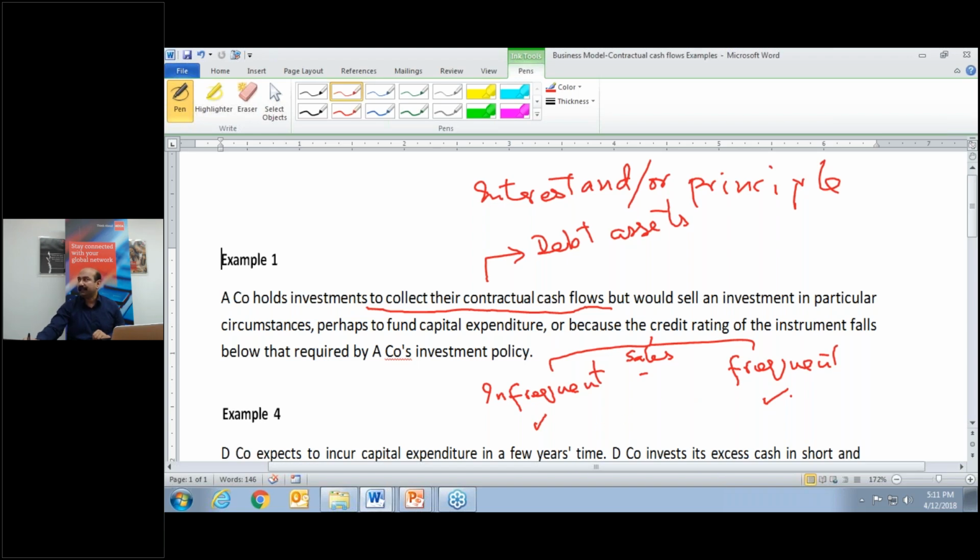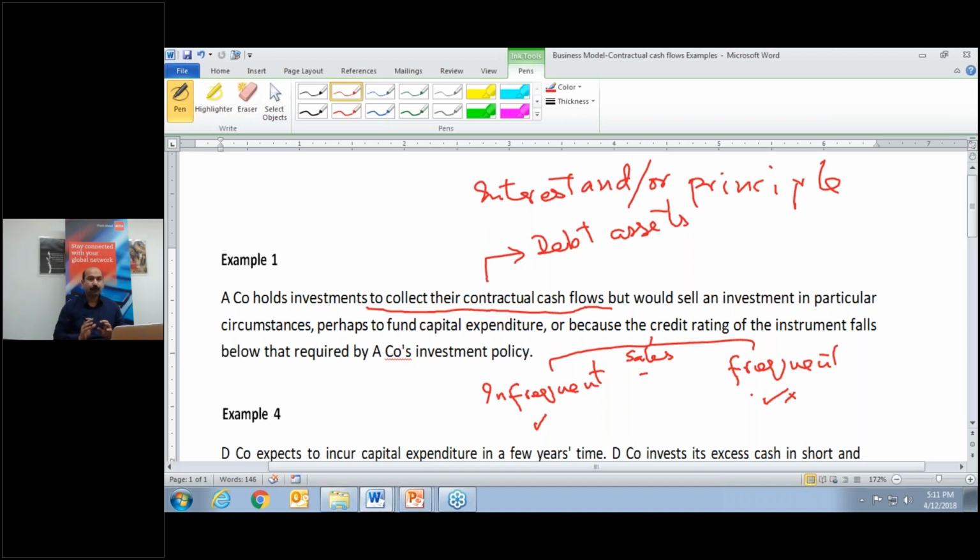Of course, in that case, because the actual management of that portfolio has changed, this objective will no longer be there. If this objective is no longer there, this means you cannot measure your debt asset at amortized cost. Then you will have to measure it in other ways.